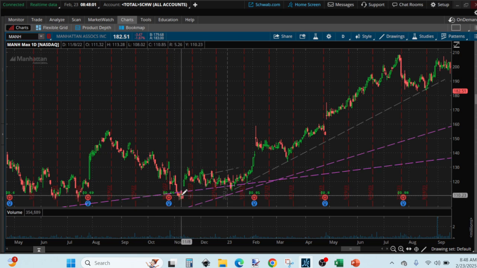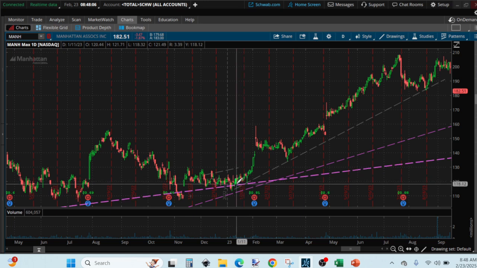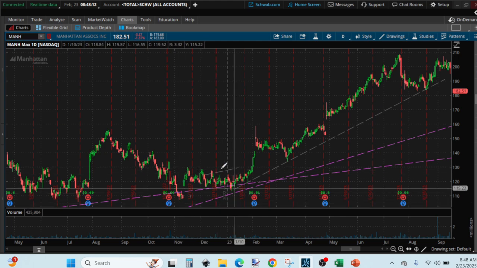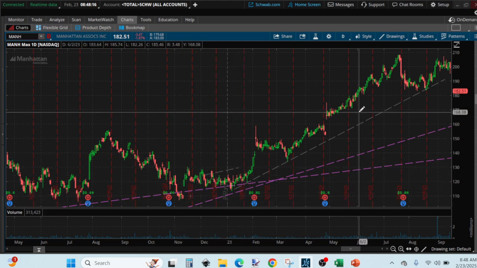In fact it touched base with it around here. So it was in November all the way to January. It took like over a year, every month consolidating here before it took off.